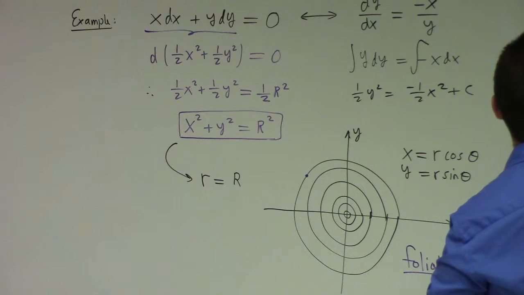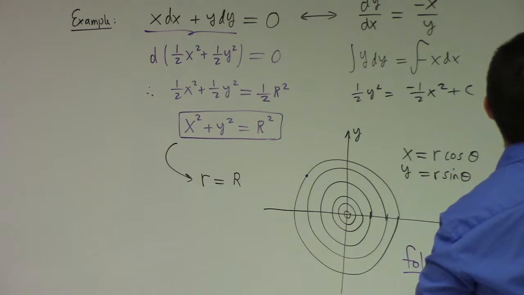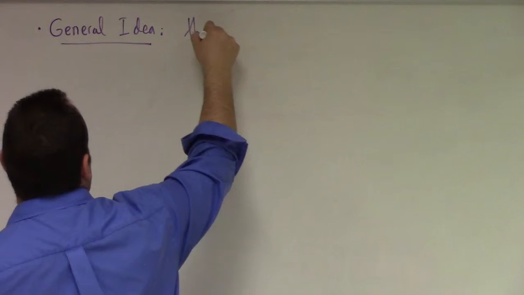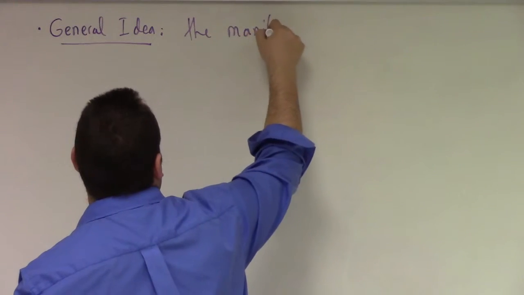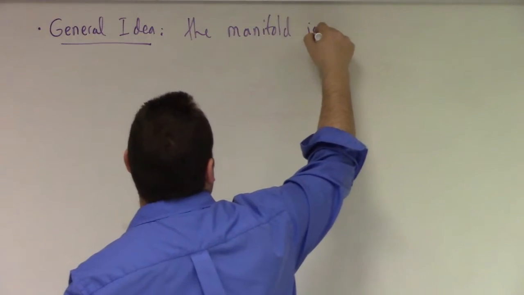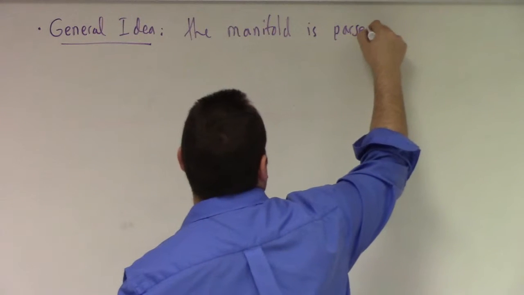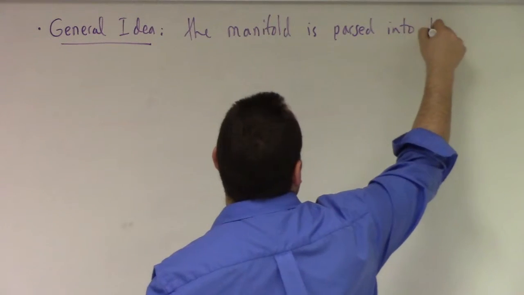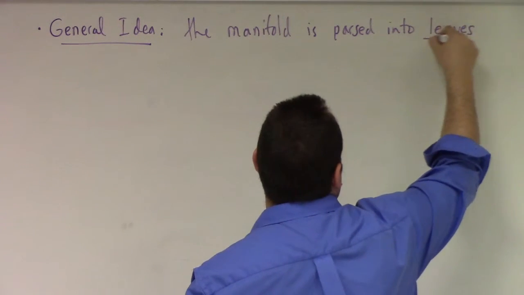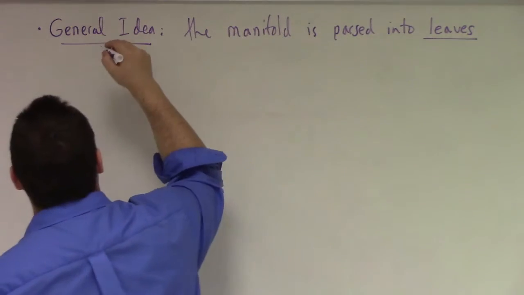There's a more general idea. Here's the general idea of a foliation. What is it? The manifold is parsed into leaves, right?